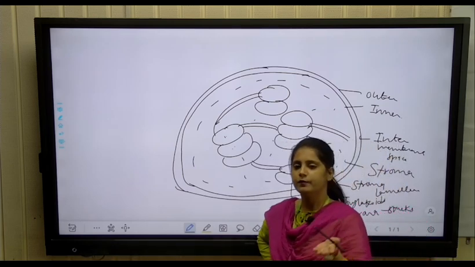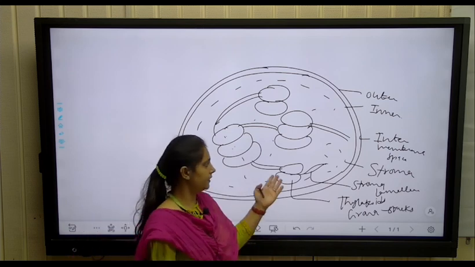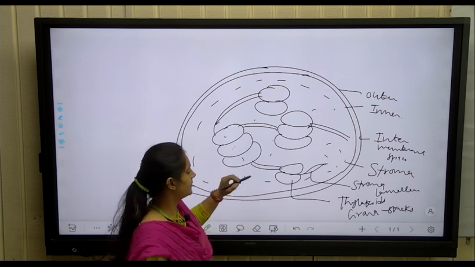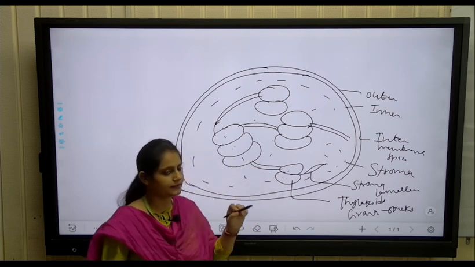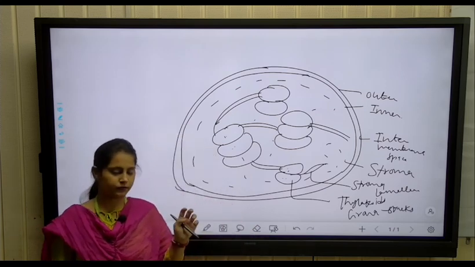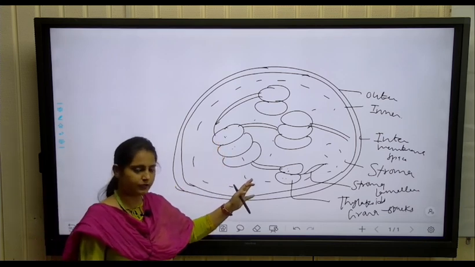That is the mesophyll part of a leaf. And inside the structure of a chloroplast, chlorophyll is mainly present in the grana, the prime location for chlorophyll.